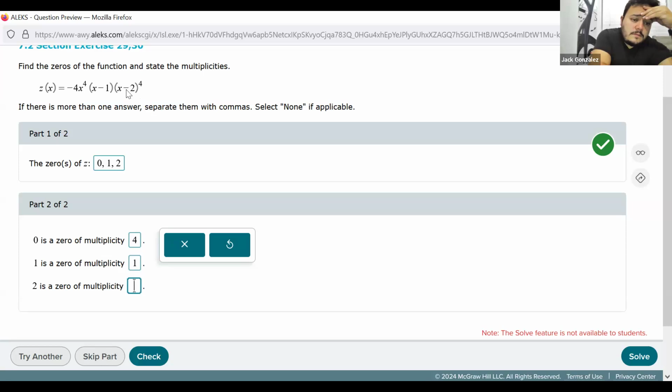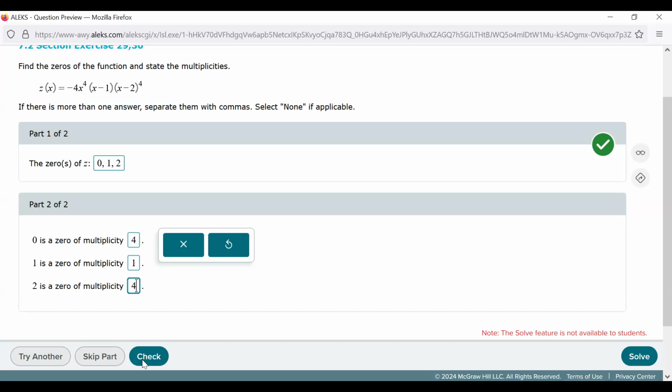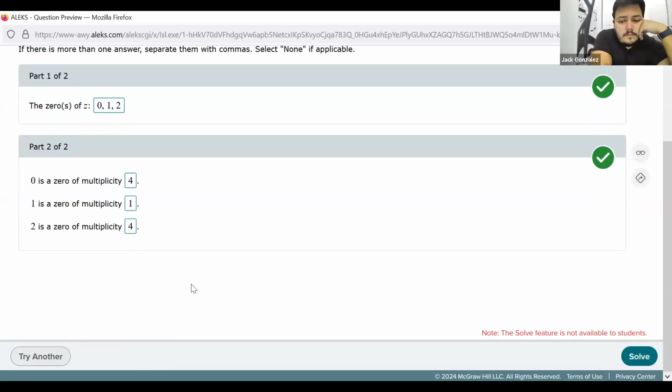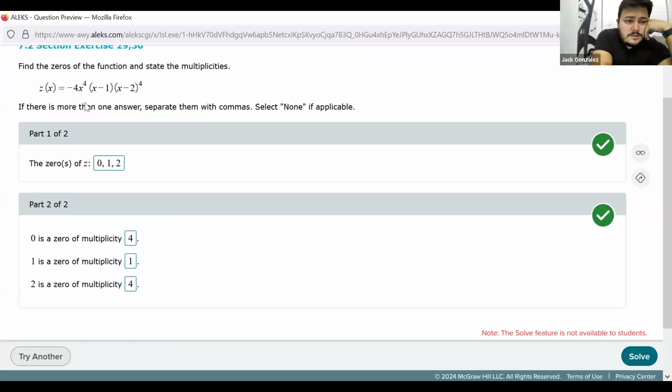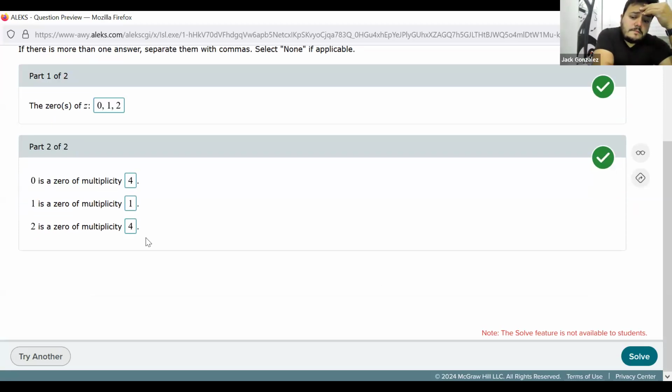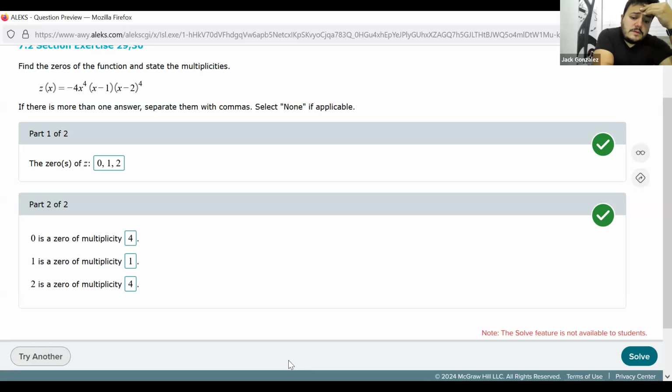And then 2 would be 4. Not too bad, right? So all they wanted was to find the zeros. Since it was already factored, it's right there. And if you don't see it, you would set it to 0 and then solve it. There's nothing else to do there.